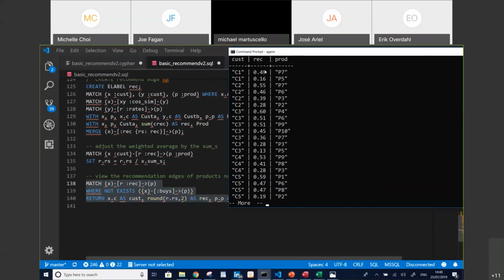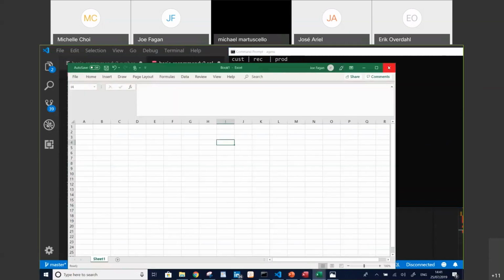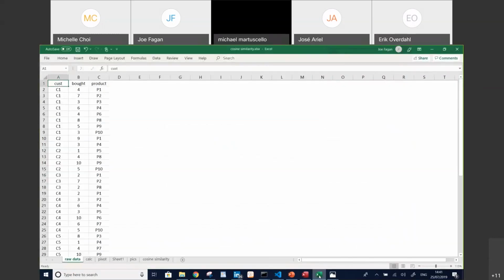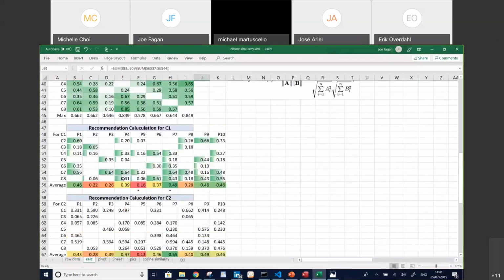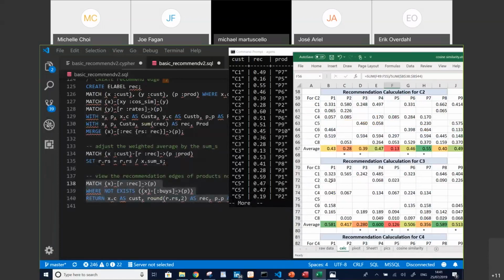And if we compare that with the results that we got from our Excel table, if I can find the correct Excel table. Yeah, it's on the calculation sheet. So C1 rated P7 as a 0.49 and P5 as a 0.16. Let's go to C3. What does C3 think?